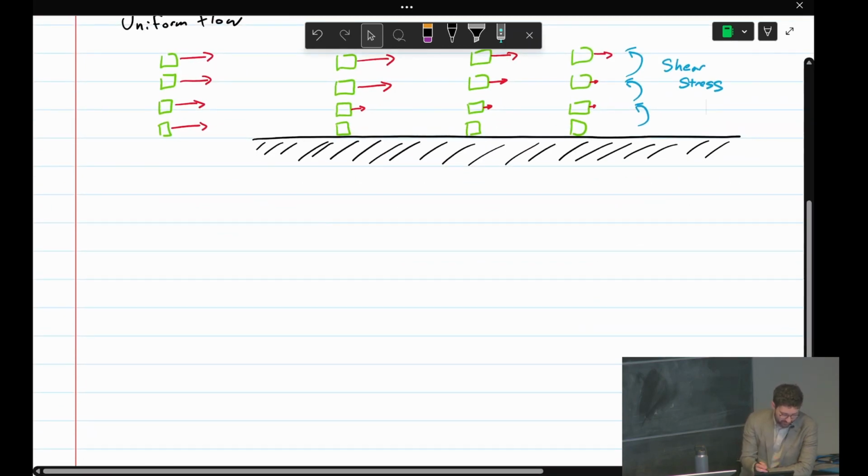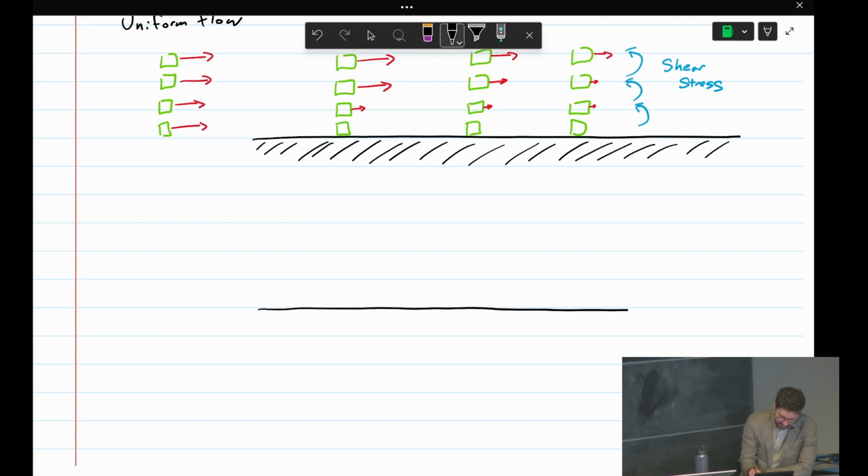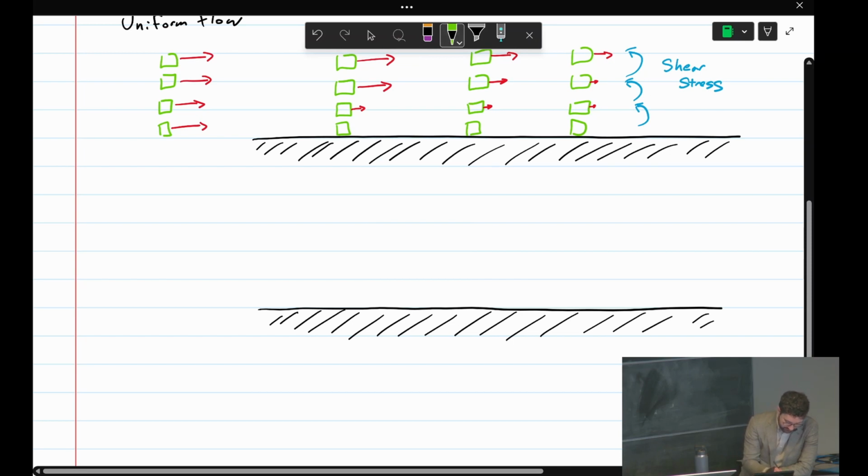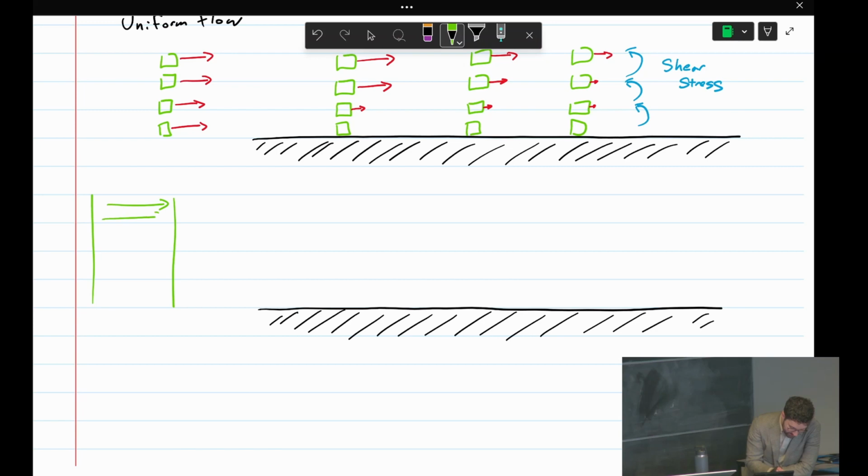So now I don't want to have to draw the fluid parcels every time, so I'm going to draw more of a profile of velocity along the wall. So this is kind of the same wall, but now I'm going to draw more of a profile. Coming into the wall, we have this uniform flow. We're going to call that U infinity.